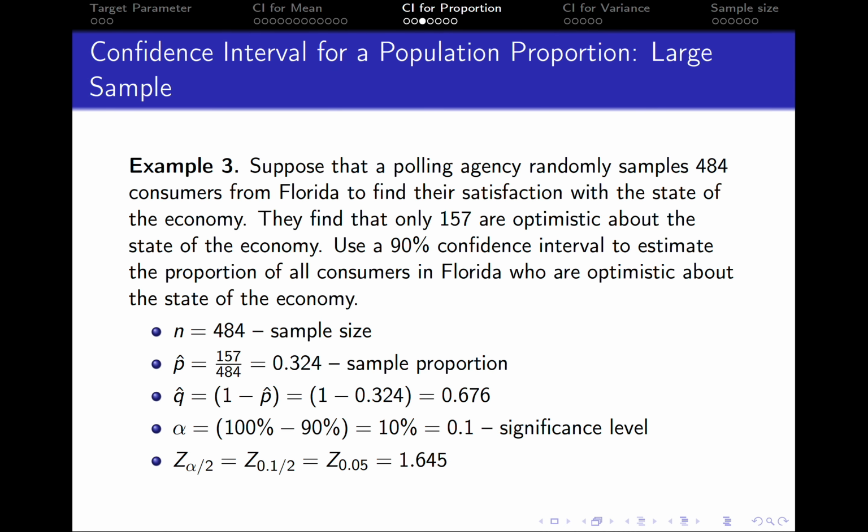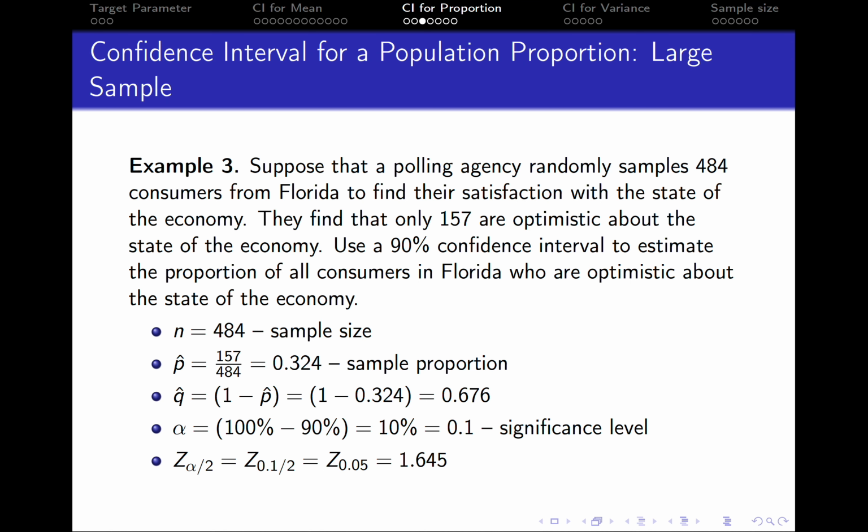Let's have a look at an example of how a confidence interval can be constructed for a population proportion. Suppose that a polling agency randomly samples 484 consumers from Florida to find their satisfaction with the state of the economy. They find that only 157 are optimistic about the state of the economy.